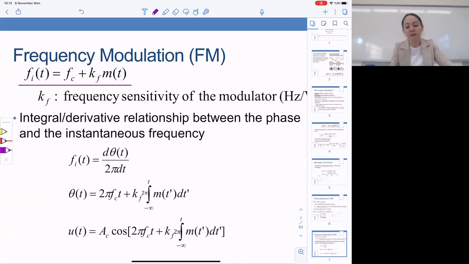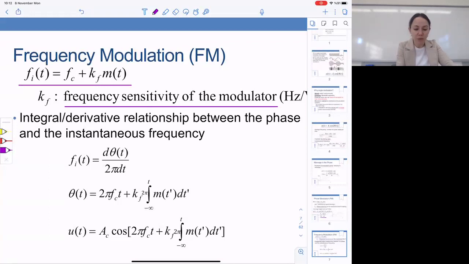We add a suitably scaled version of the message signal to the frequency itself. Okay, so what will happen?